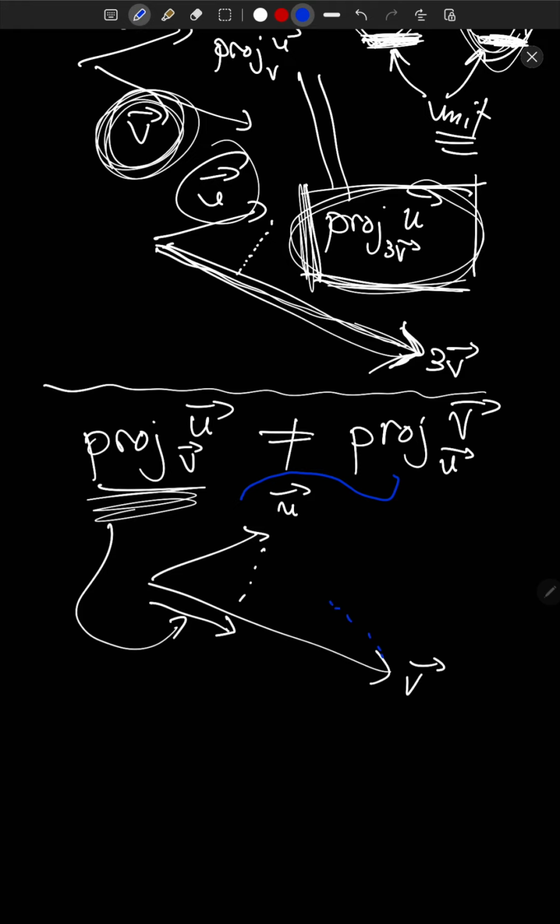So I'm projecting v down to here, and that's this guy right here. So projection of u onto v and projection of v onto u are typically going to be completely different. They're going to be vectors pointing in completely different directions, one in the same direction as v, the other in the same direction as u.